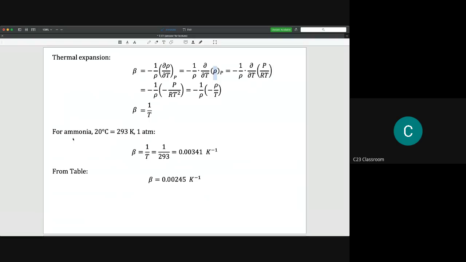So for ammonia at 20 degrees Celsius, it is equal to 293 Kelvin, which is equal to 1 atm. And the beta here, if we calculate, is equal to 0.00341 Kelvin to the negative 1. And from the table we could get that beta is around 0.00245 per Kelvin.